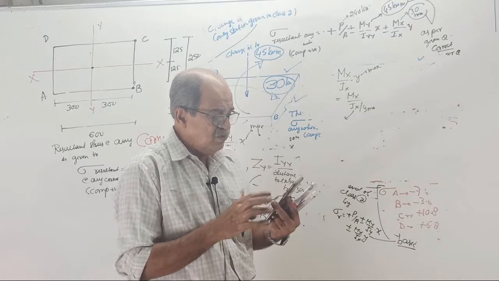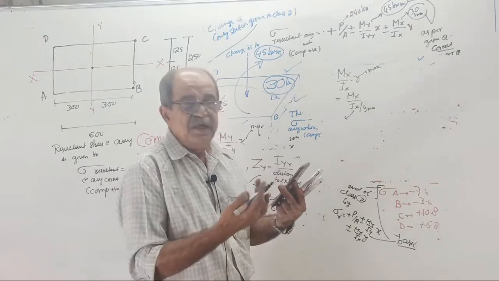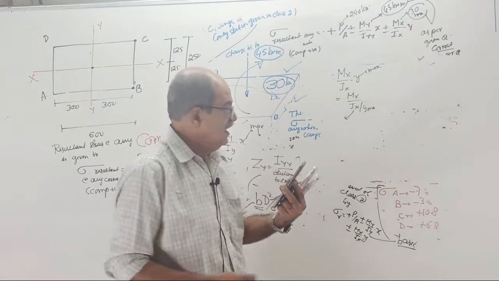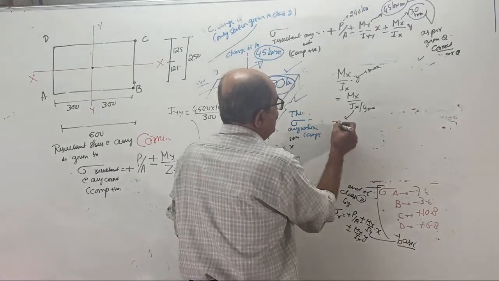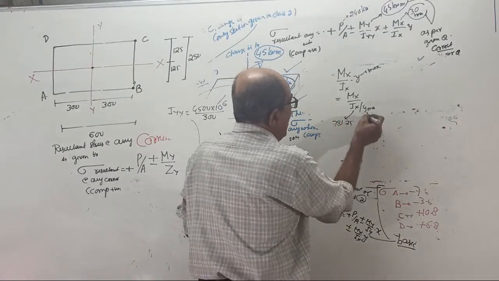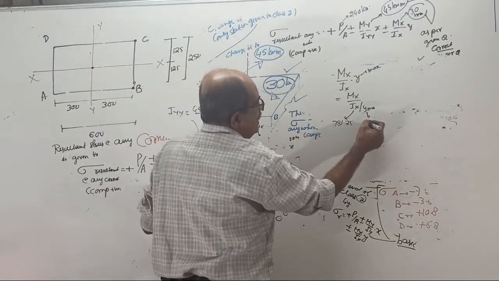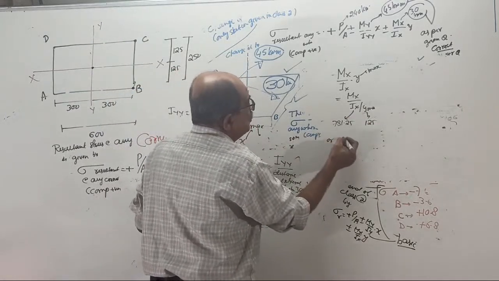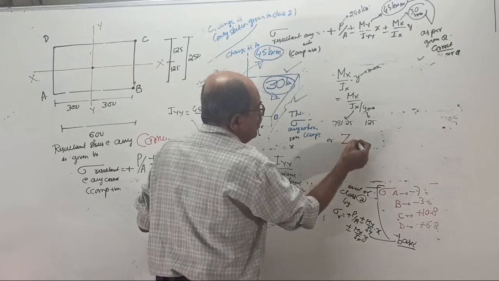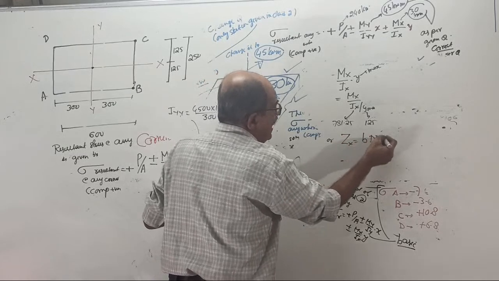You got it already last time, or calculate now. My calculator is there. IXX is 781.25 into 10 to the power 6. Y max from the XX axis is 125. Or you can use Z about X directly as BD square by 6.